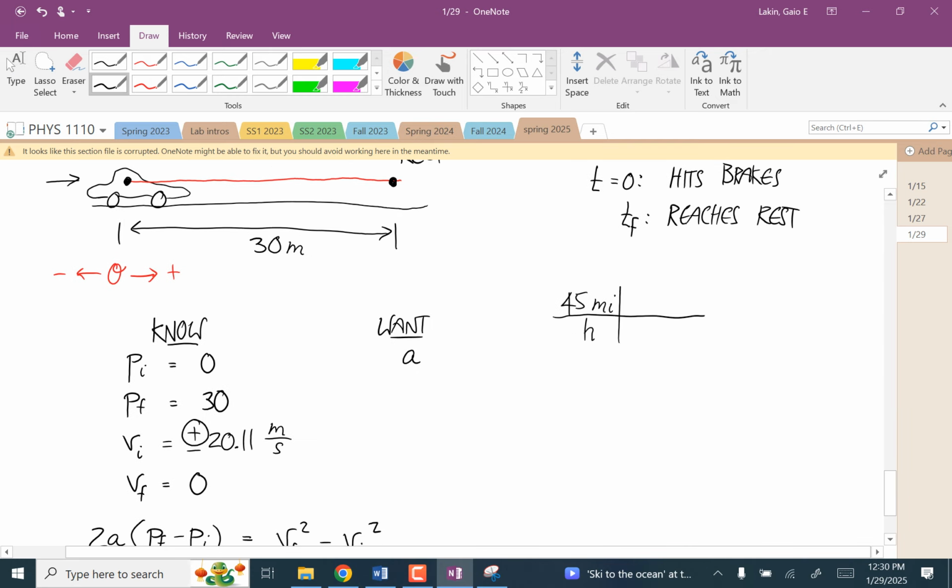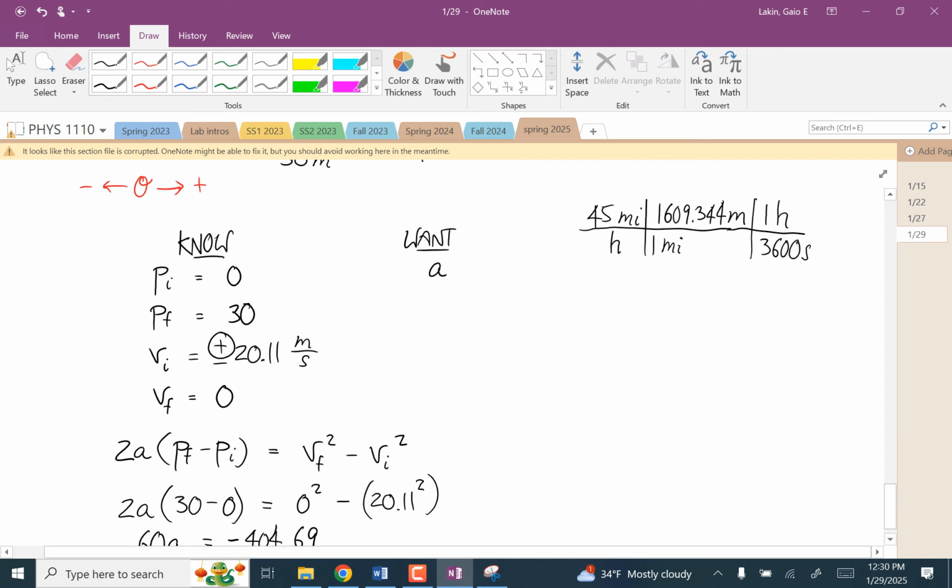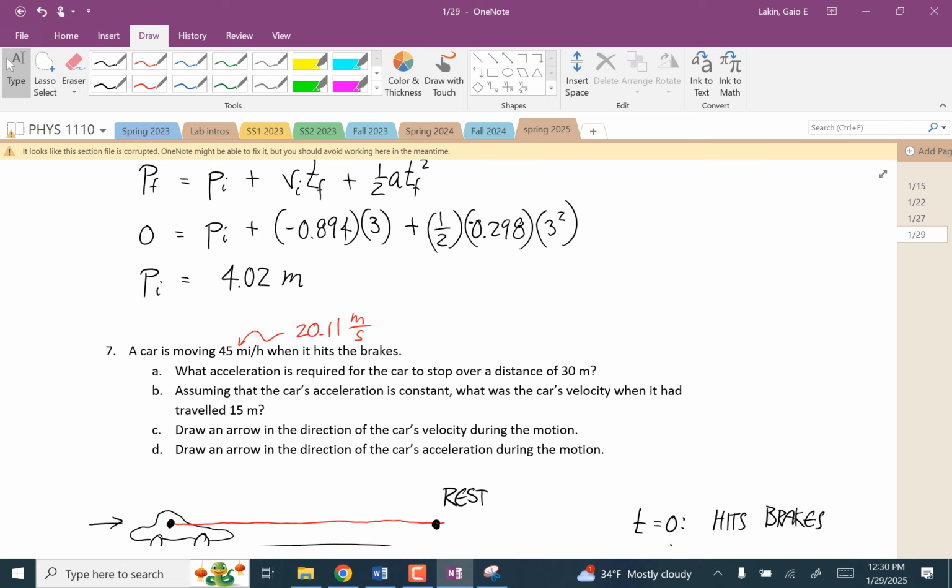And 1 mile is 1609.344 meters. And 1 hour is 3,600 seconds. Okay, that is part A.